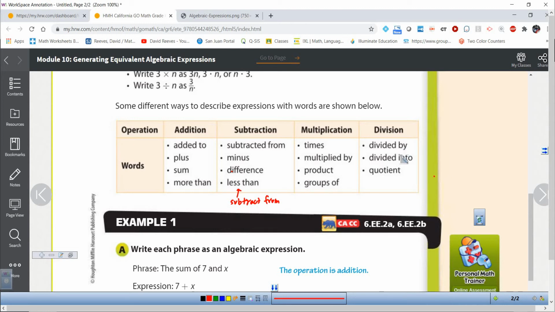Are you dividing it by, or are you dividing it into? We'll be doing some examples of these where I will emphasize that. But just a reminder, with addition and multiplication, you could be a little more careless. Not that I want to encourage you to be careless, but the order does not matter with addition and multiplication. The order matters extremely much with subtraction and division.